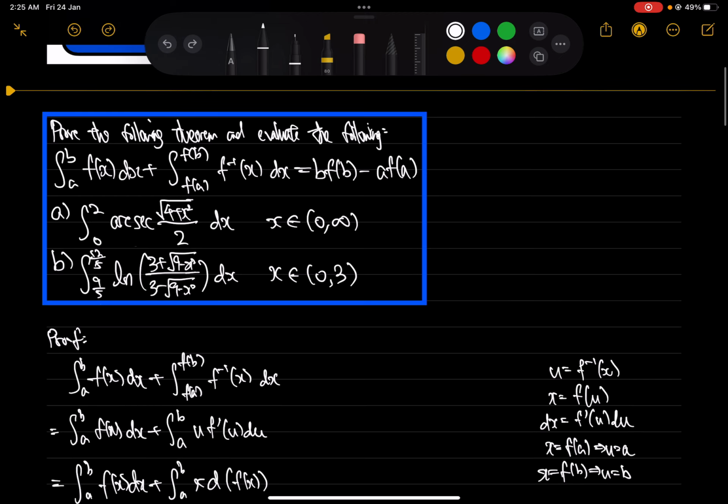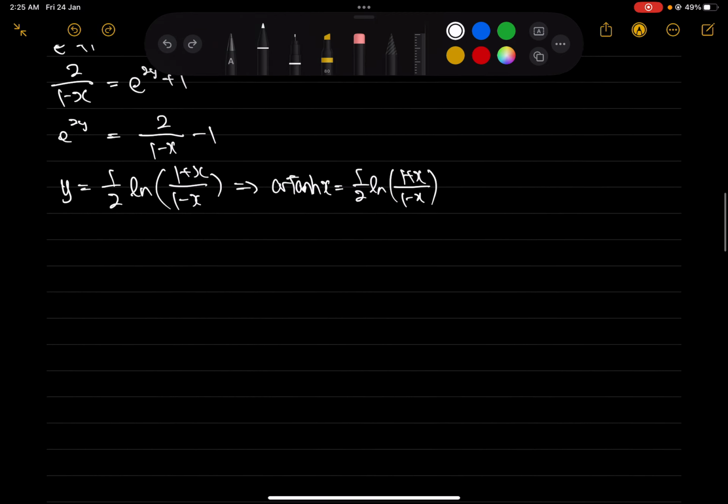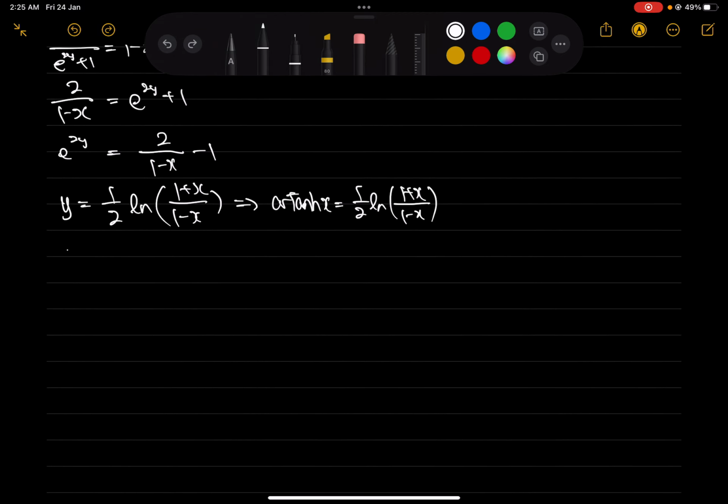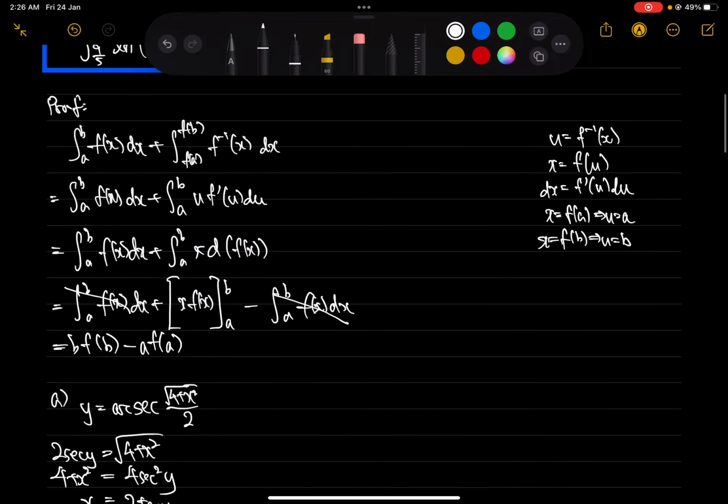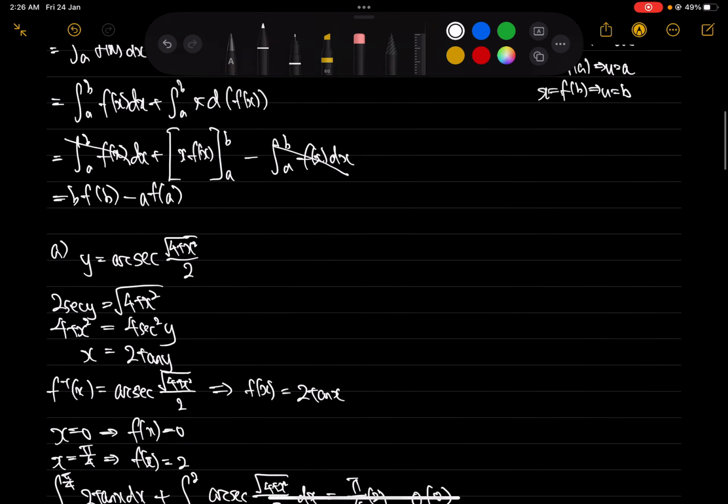So now we have this function. That's in the integral, by the way.